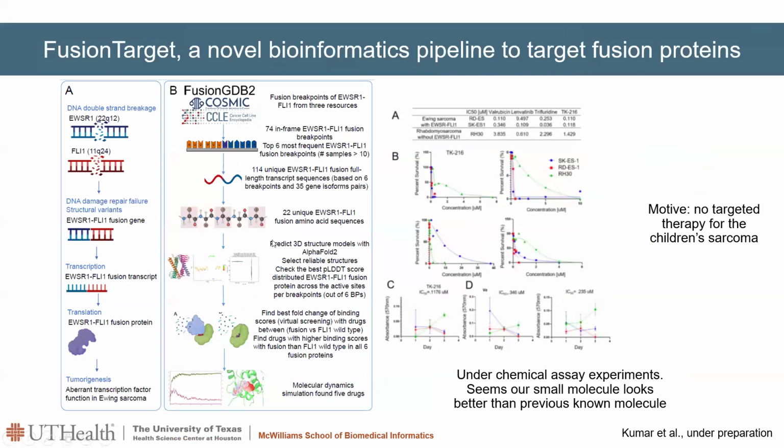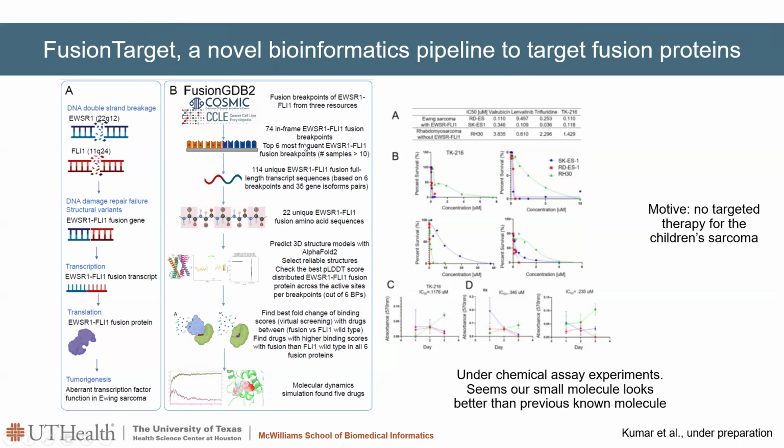And these days, we are trying to establish a novel bioinformatics pipeline to target fusion proteins. We named it FusionTarget. The pipeline looks like this. The starting point is the patient's fusion breakpoints at the DNA level.